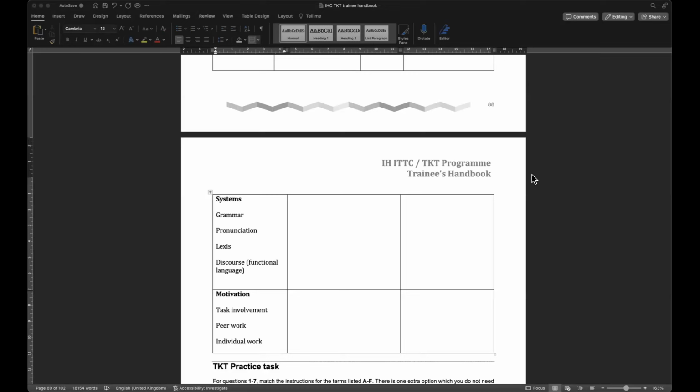Maybe it will be the other, like the experiences that they have. Yes, maybe read a text, answer some questions, and then write their opinion.